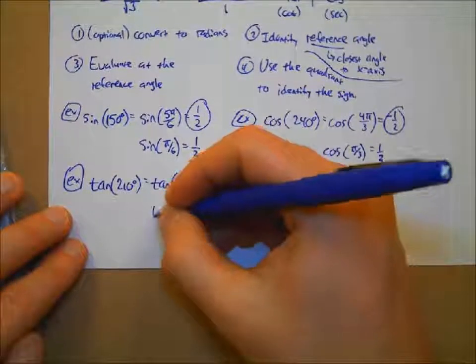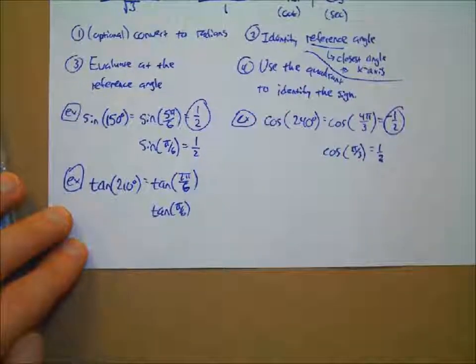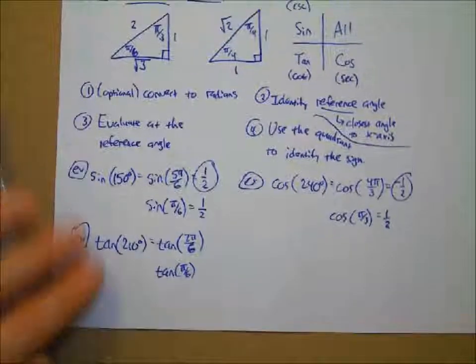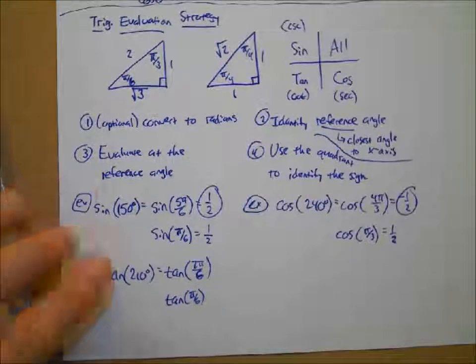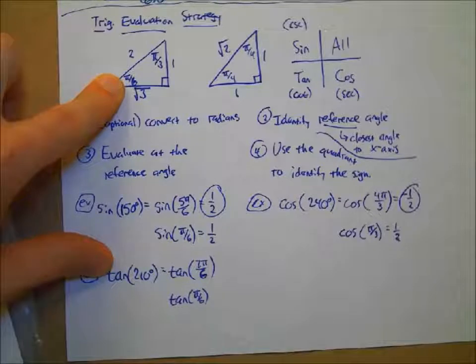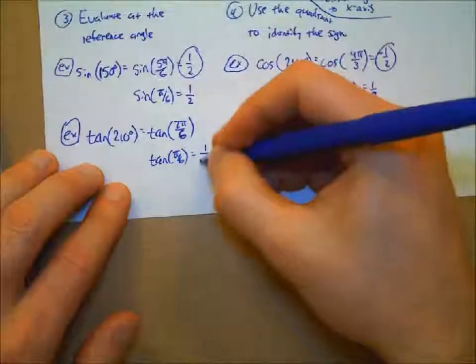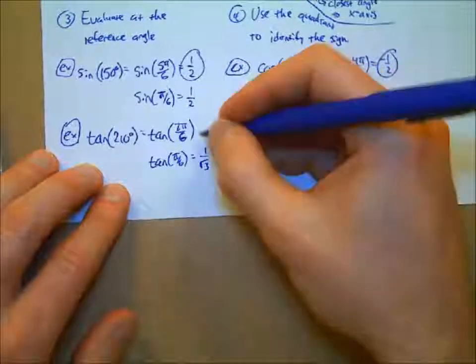Pi over 6. Okay. Go up to your triangle. Here's pi over 6 on my triangle. Tangent is what over what? Opposite over adjacent. 1 over the square root of 3. Okay, so this will also equal 1 over the square root of 3.